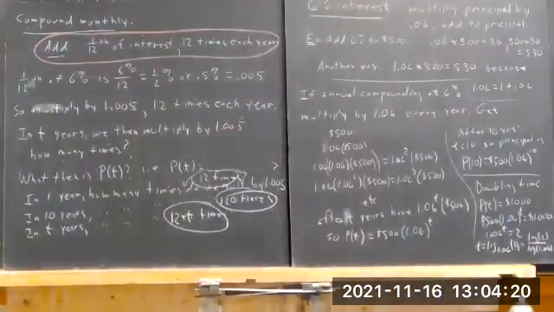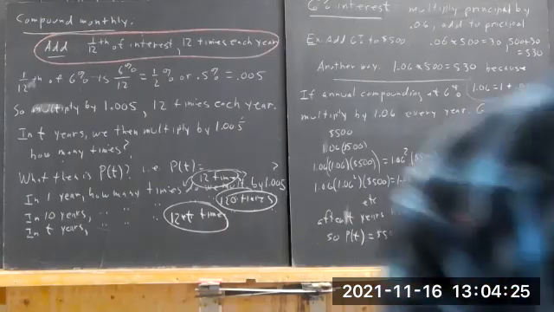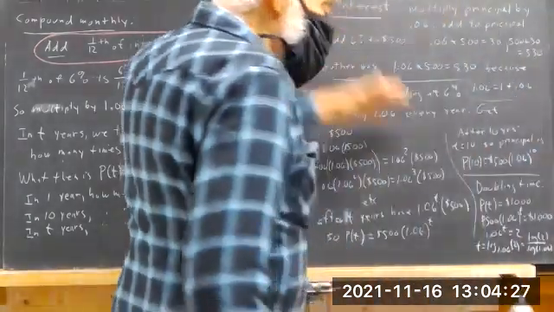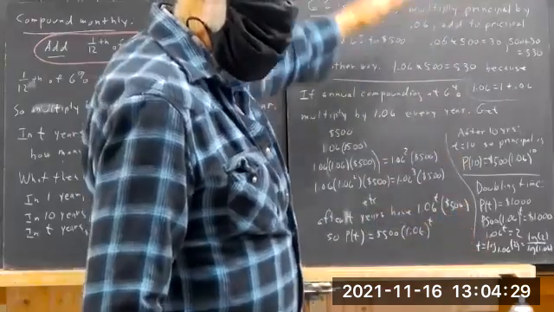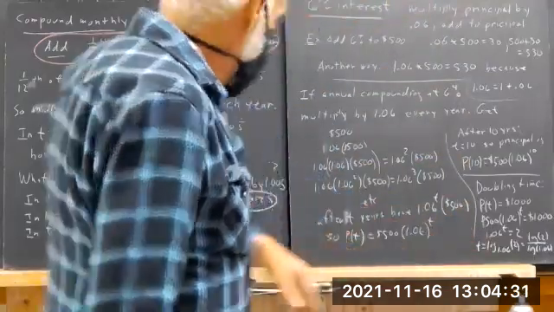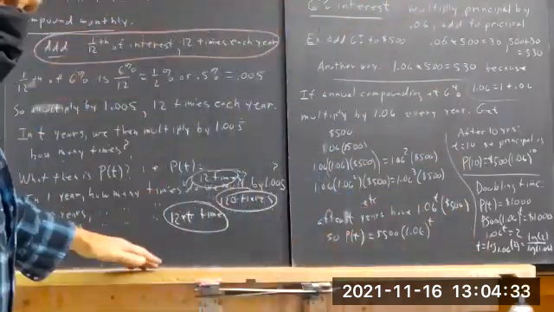Okay, see if you can figure out what P of T is, kind of by imitation with the reasoning we use here. How do we reason it out here? And what's going to change when we reason it out here?